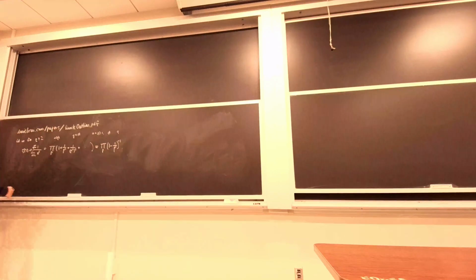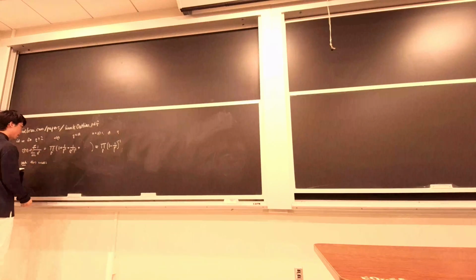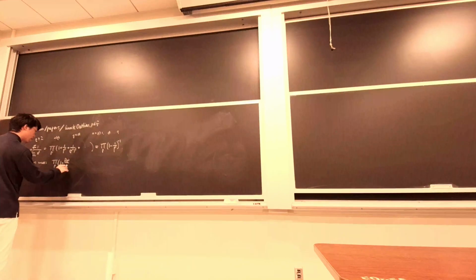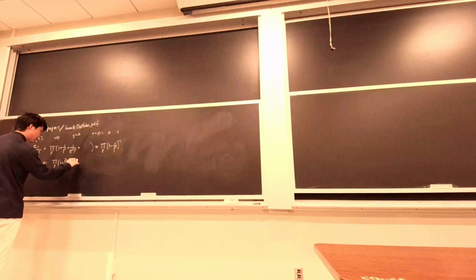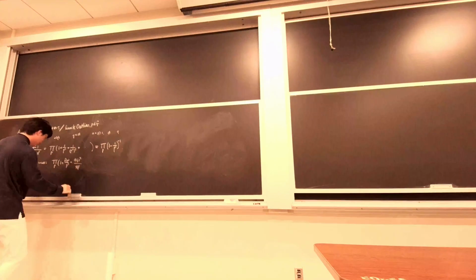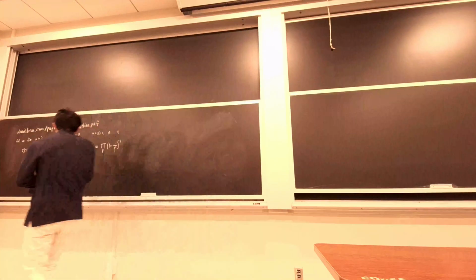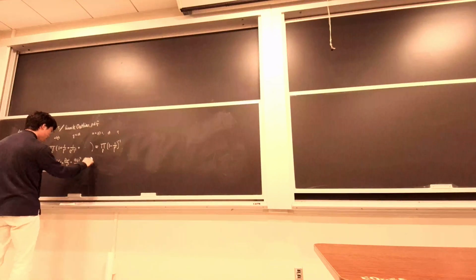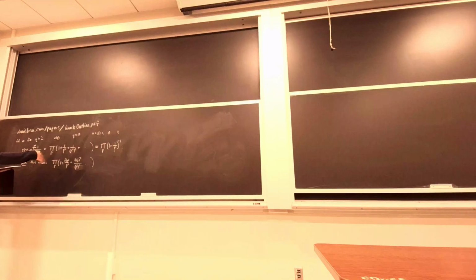And note, because this will be important later, this manipulation works for more general things other than just the number 1. For example, if I consider a product of 1 plus f of p over p to the s, plus f of p squared over p to the 2s, and so on, I can perform the same argument.